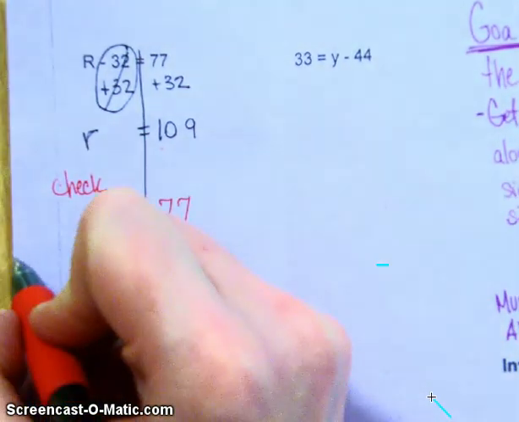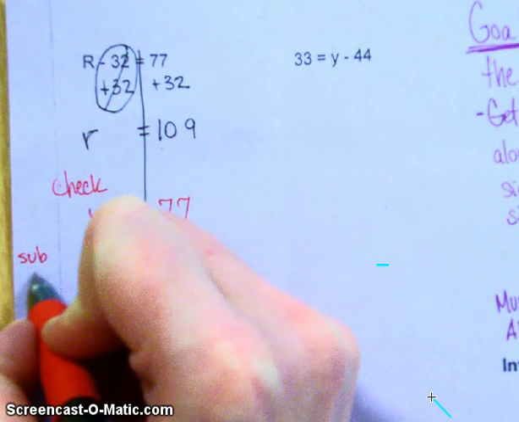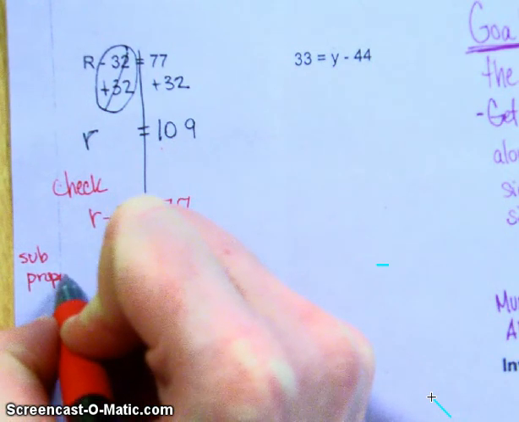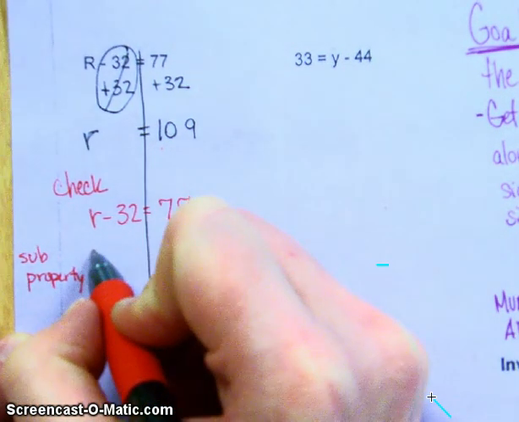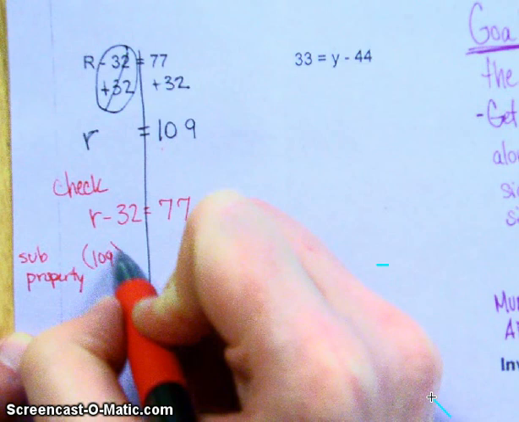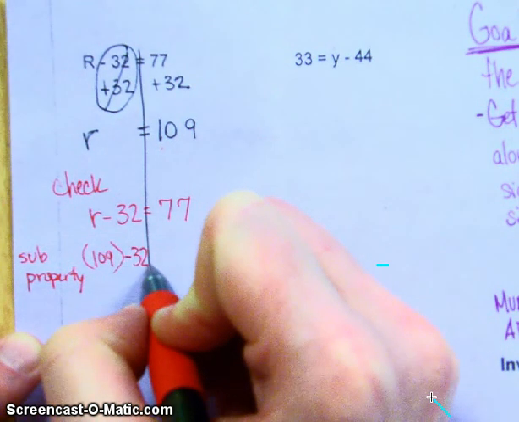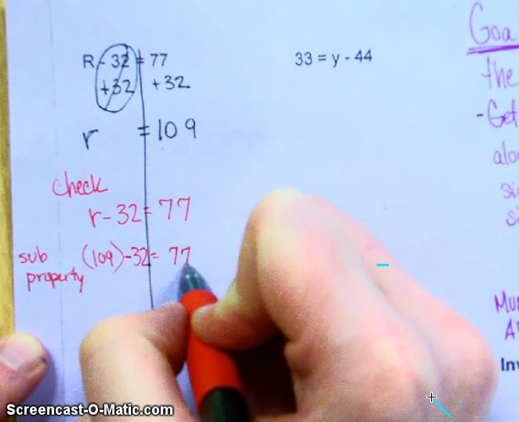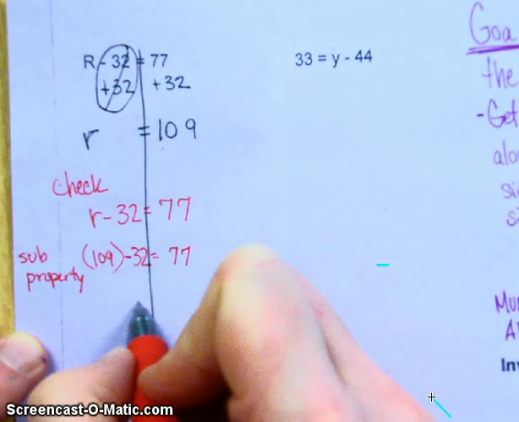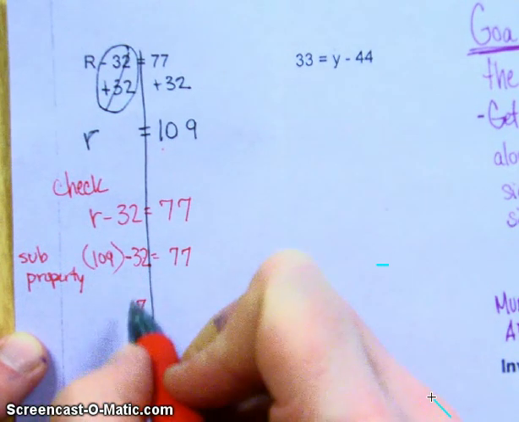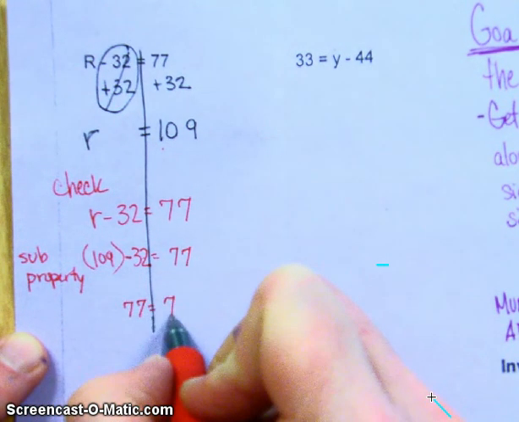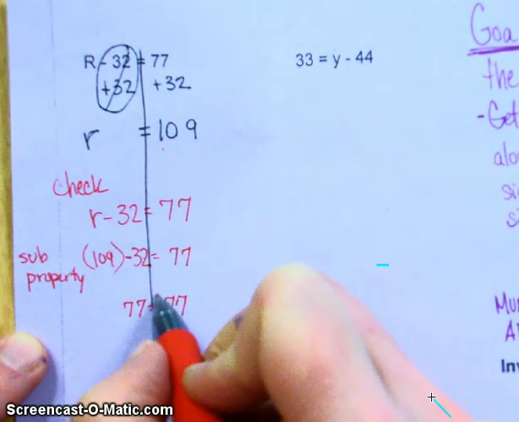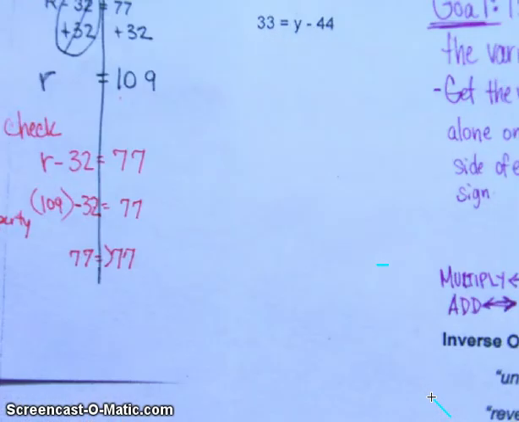Substitution property, I'm going to abbreviate sub-property. Substitute 109 in for your variable. 9 minus 2 is 7. 10 minus 3 is 7. 77 is equal to 77. Happy face.